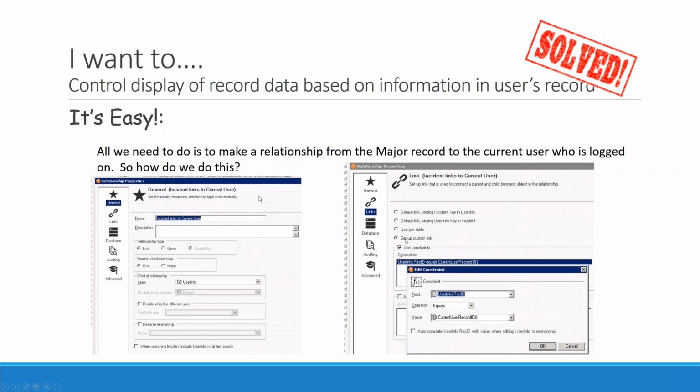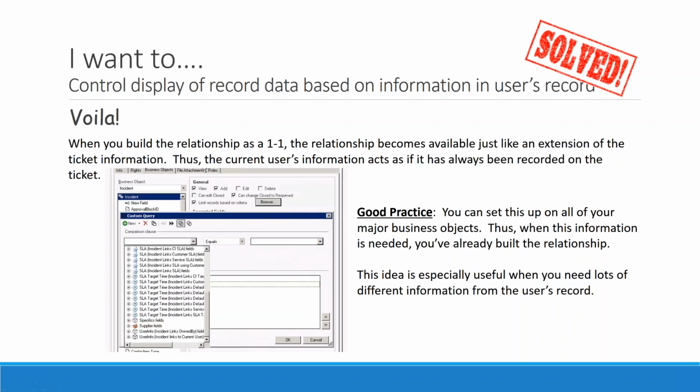And then on the second tab, it is a custom relationship where the user info rec ID is equal to the current user rec ID, which is a system function. And so that is going to build that relationship to my current user. Once I've built that, I'm back here on the security that I was just showing you for change.